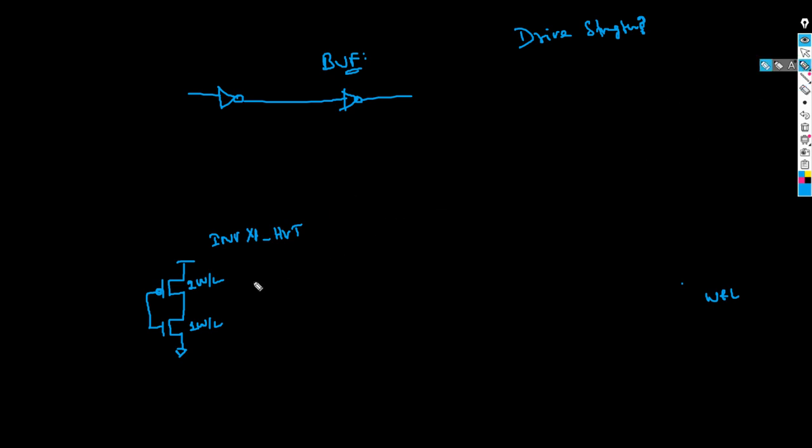Now, if you want a bigger driving capacity, say this is now 3W by L and this is 1.5W by L. This is going to be inverter X4 underscore HVT. I'm just giving you some rough numbers, or take this as X2.